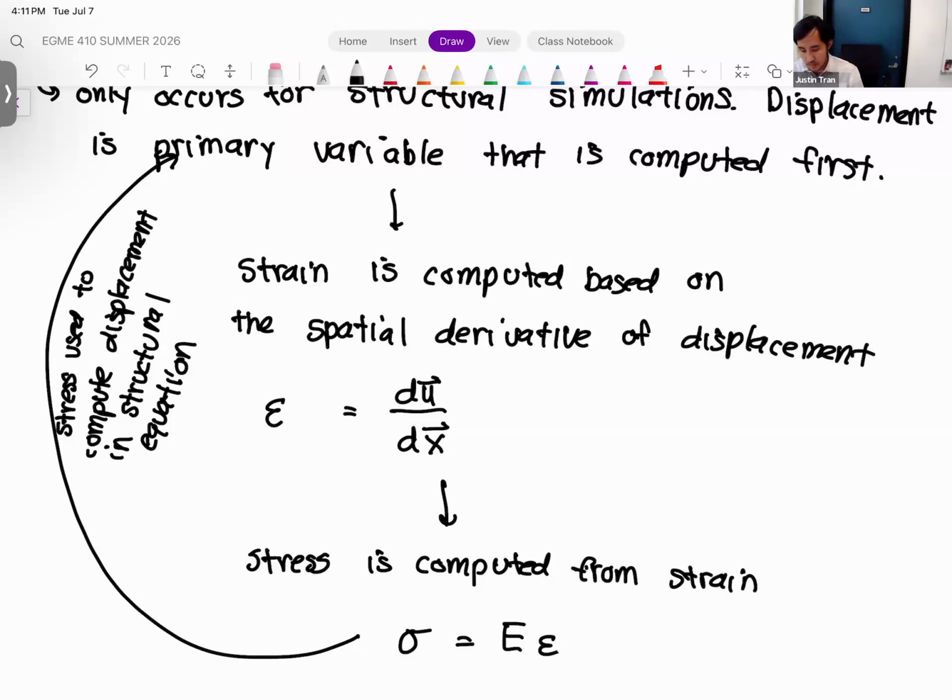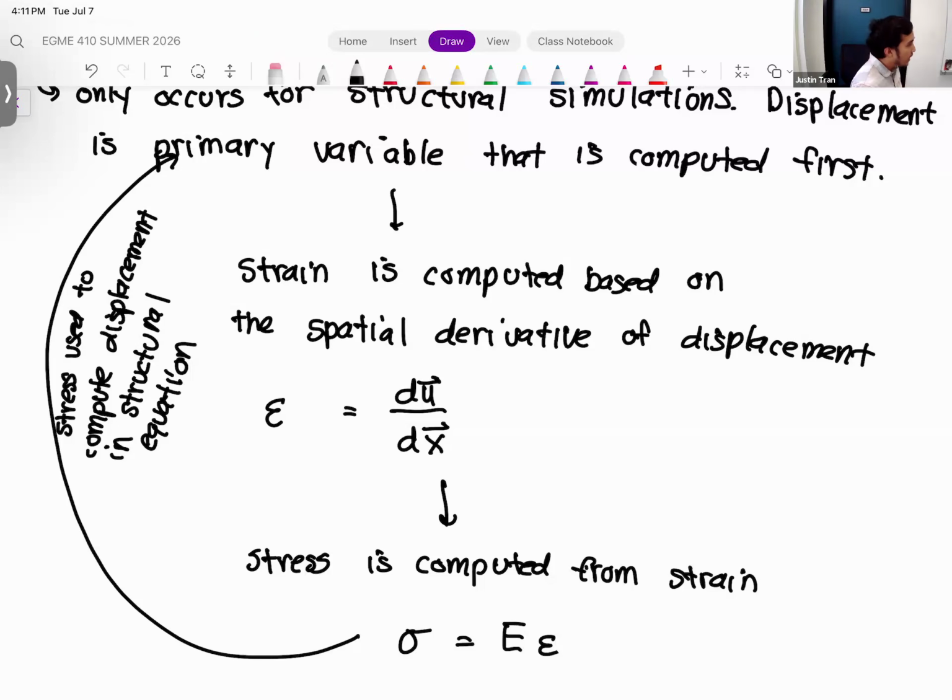So the governing equation for structures is unique in the fact that the stress appears explicitly within the equation itself. It's not the only differential equation that does that, but it's the one where it appears so explicitly, right? And physically, it makes sense too.